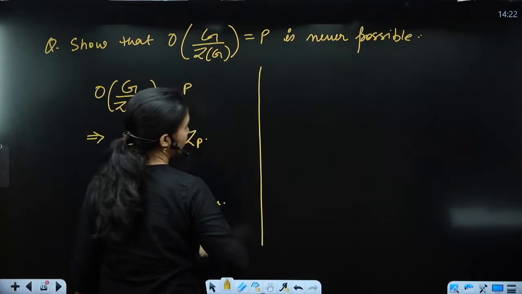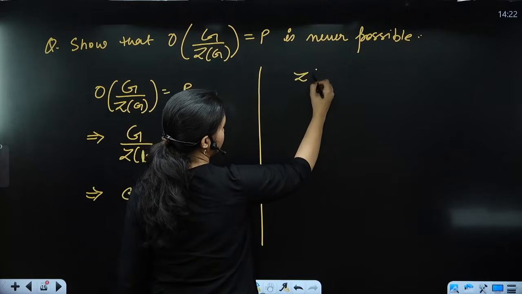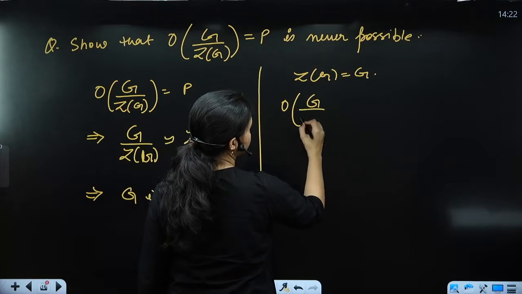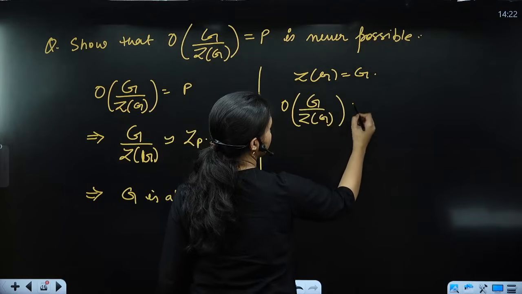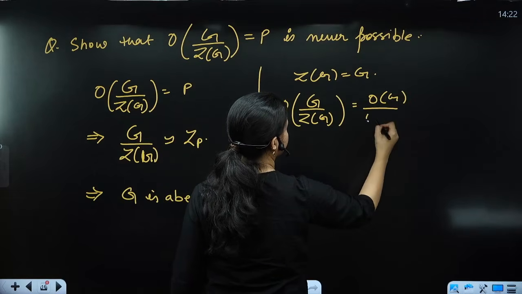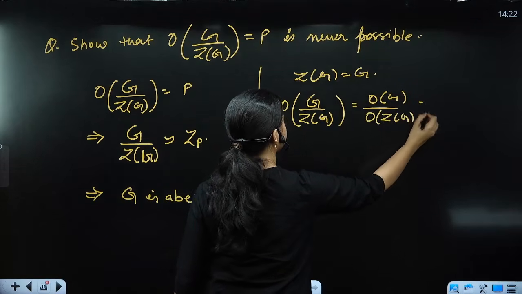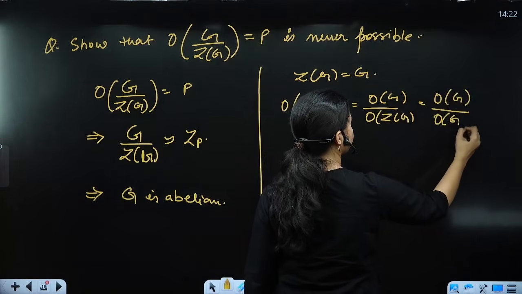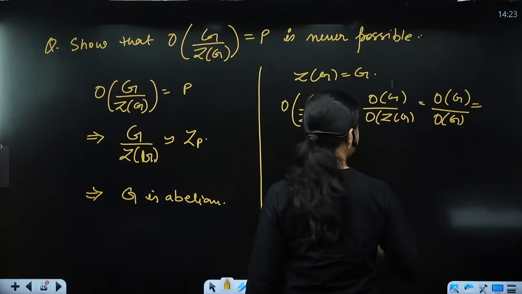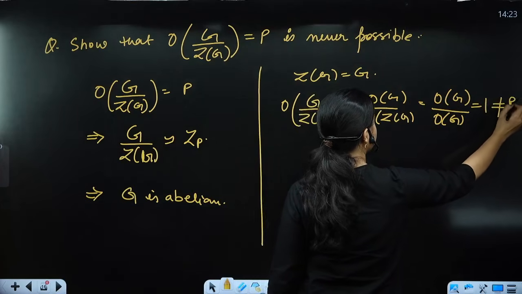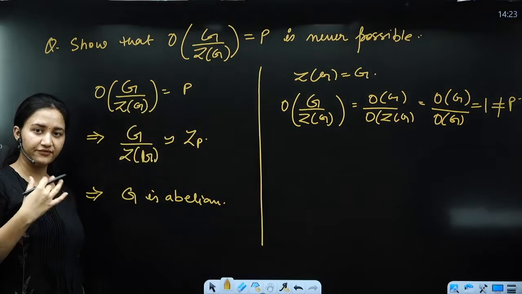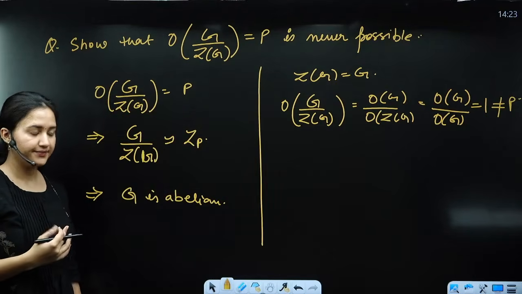But if G is abelian, then ZG is equal to G. Then the order of G by ZG is what? Equal to order of G upon order of ZG. That is going to be equal to order of G upon order of G. That is 1, which is not equal to P, right? So that is why the order of G by ZG is never possible to be a prime number. Clear? Chalo.